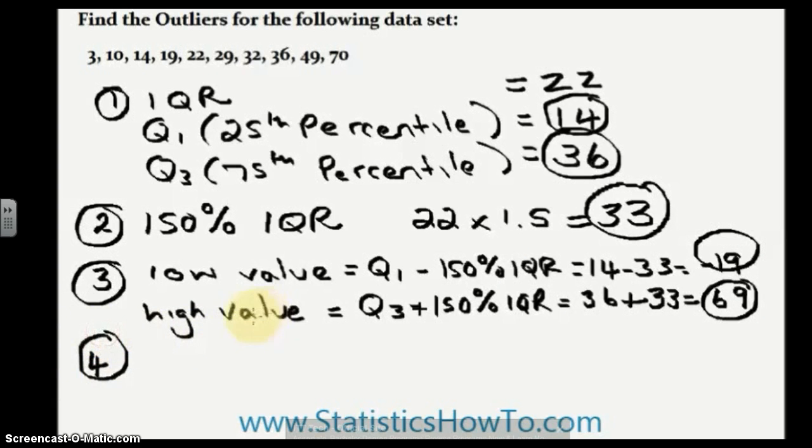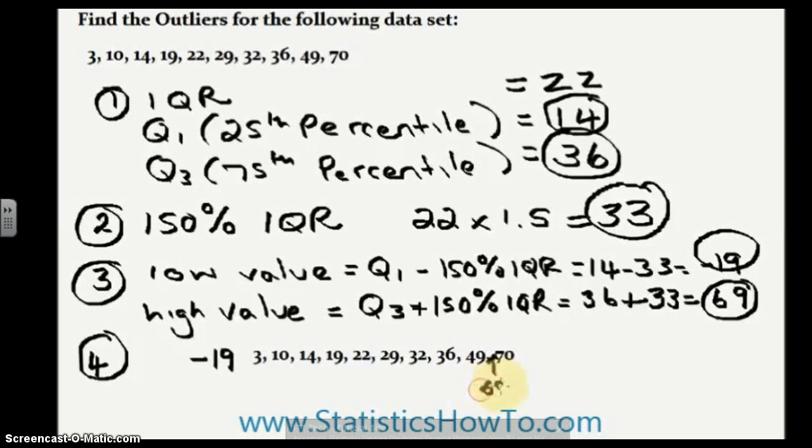Next, I want to put my numbers in order, and my numbers are already in order. So I'll just paste those down here. I want to insert these numbers, the low value and the high value, into the data set. Well, negative 19 is going to be way down here somewhere. And 69 is going to be in between 49 and 70.